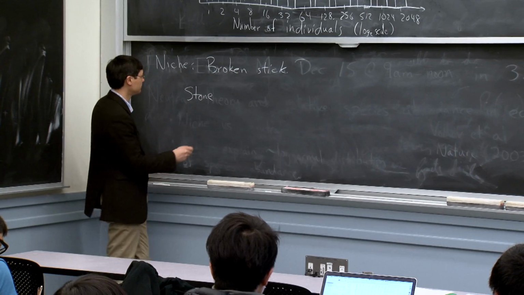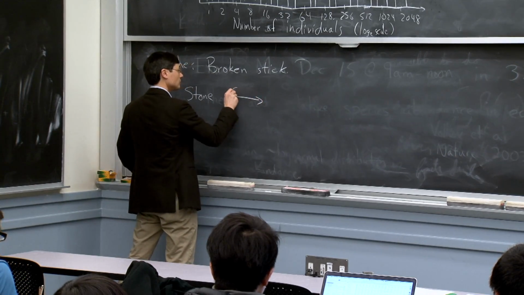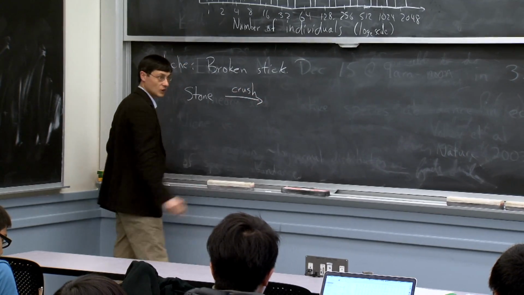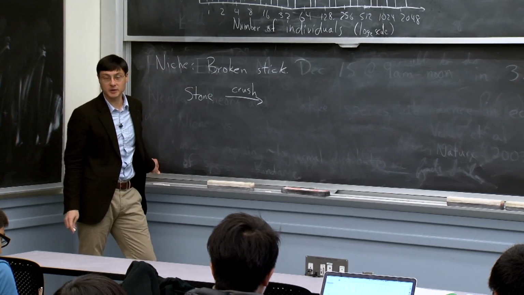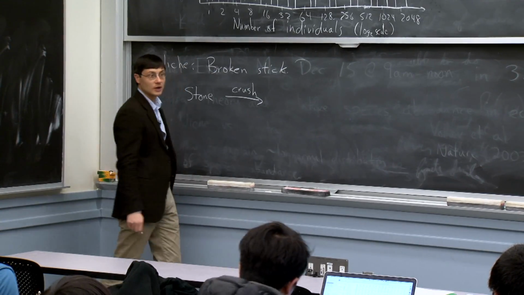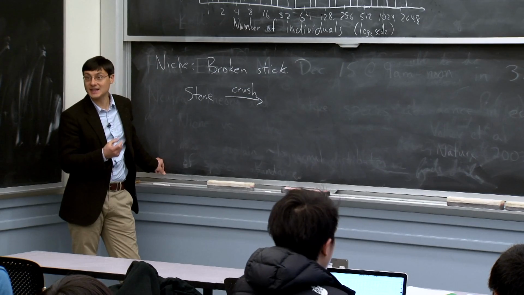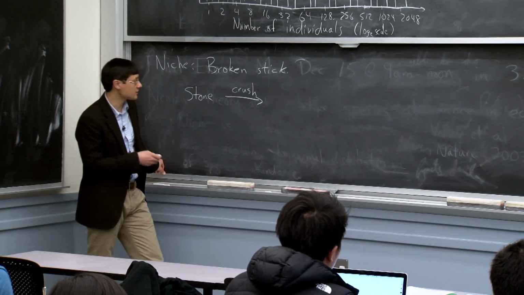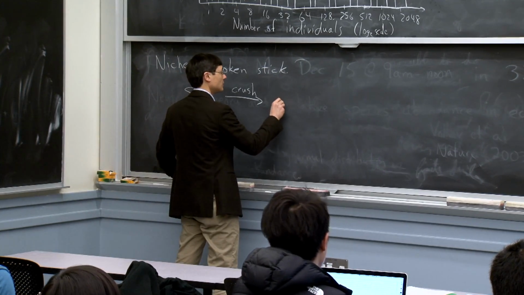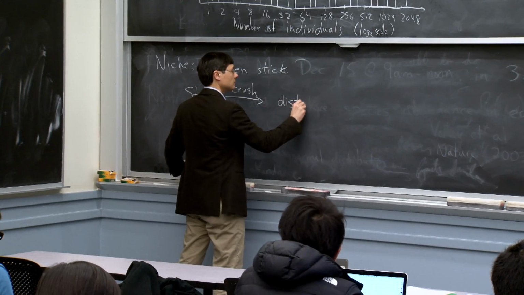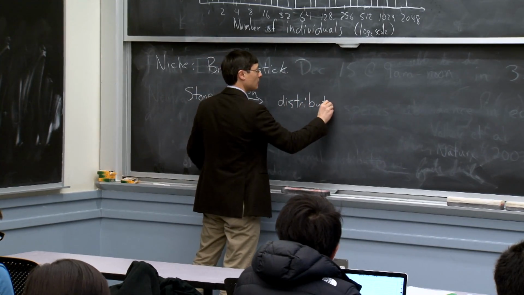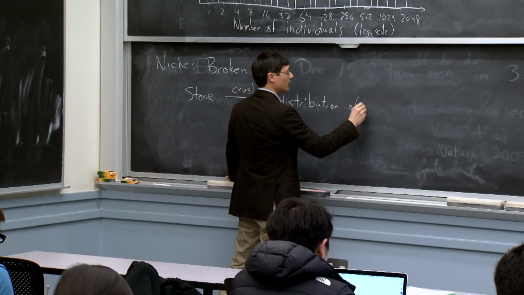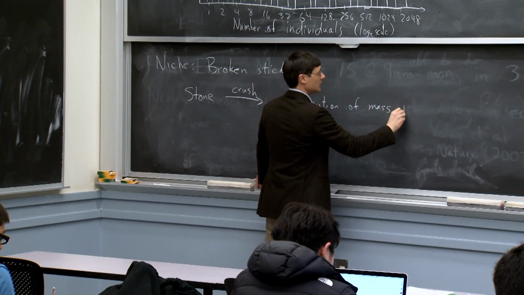Because a classic situation where you get log normal distributions is if you take a stone and you crush it. You can do this experiment at home, and then you measure the mass distribution of the resulting fragments. The distribution of mass is log normal.